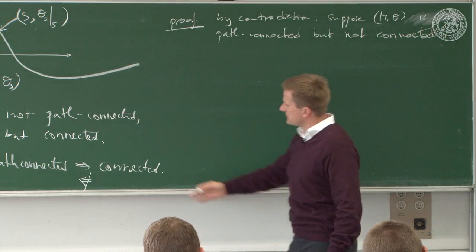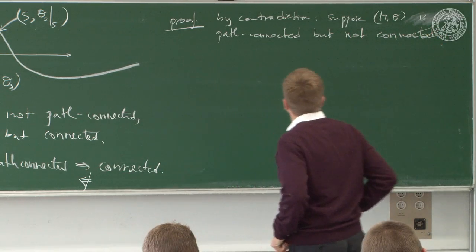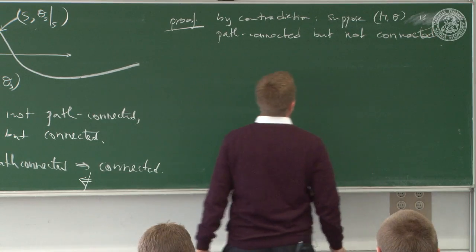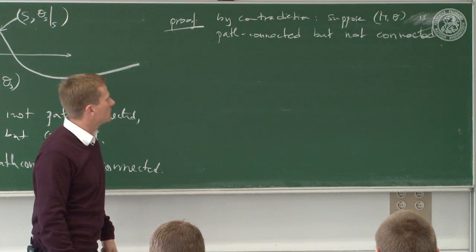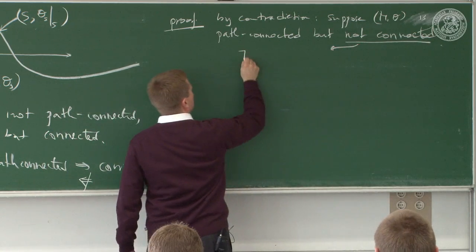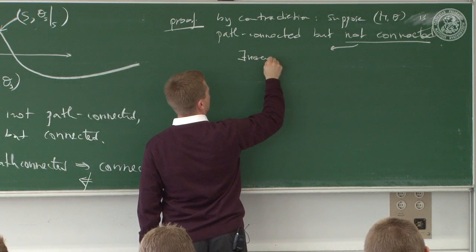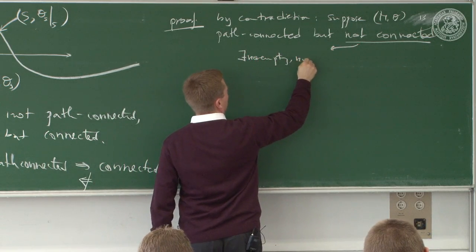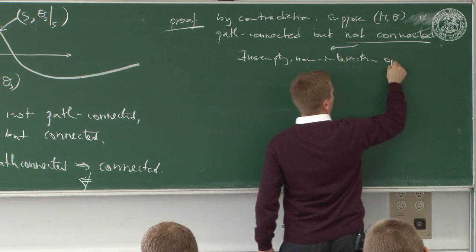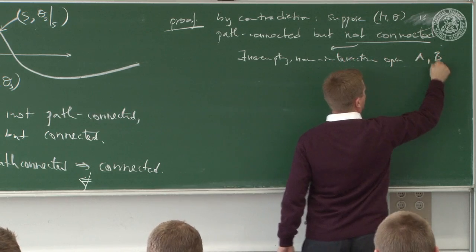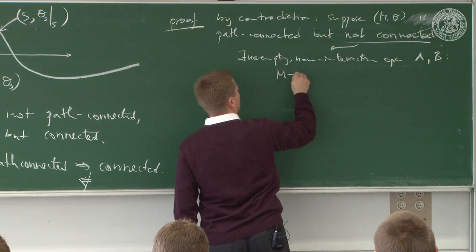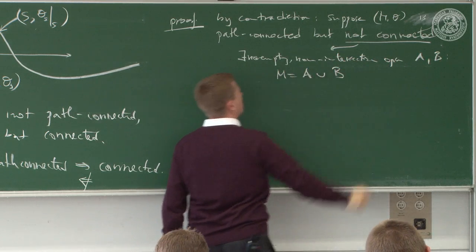That would be in direct contradiction to this theorem, and we want to derive a contradiction from this. Well, if it's not connected, then immediately it means there exist non-empty, non-intersecting open sets A and B such that the entire set M decomposes as their union.